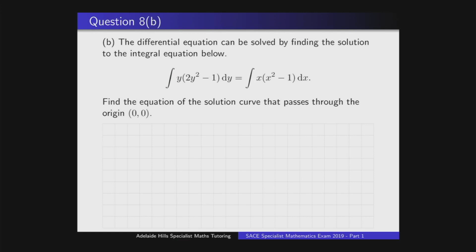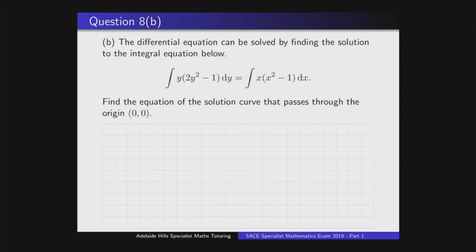Now the differential equation can be solved by finding solutions to the integral equation below. So basically they've separated the governing equation that was on that first slide, so all the y dependence goes to the left hand side, all the x dependence is written on the right hand side, and now we can integrate these to come up with a solution.